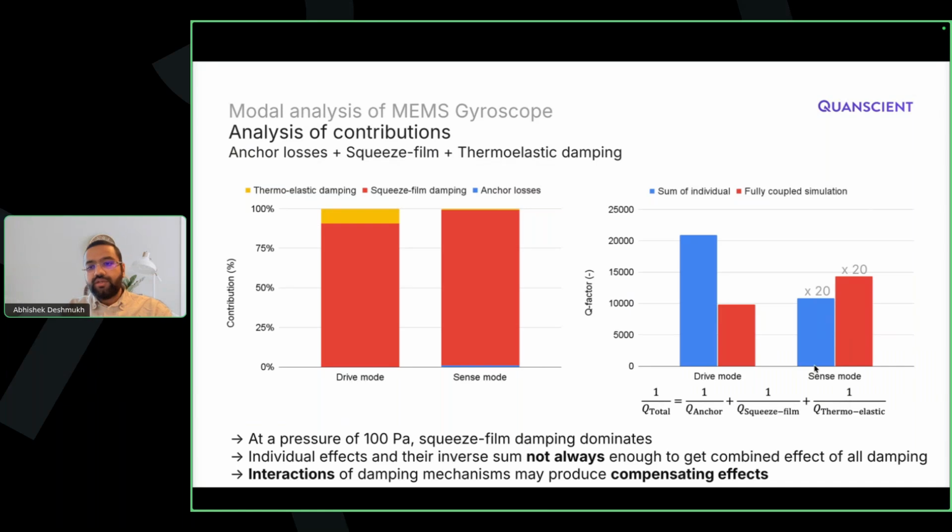So you might end up with lower values of total Q factor, whereas in reality it might actually be slightly higher, or even higher, depending on the materials and environment and so on.